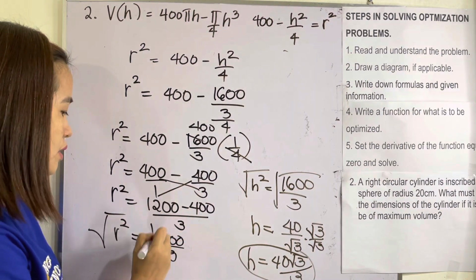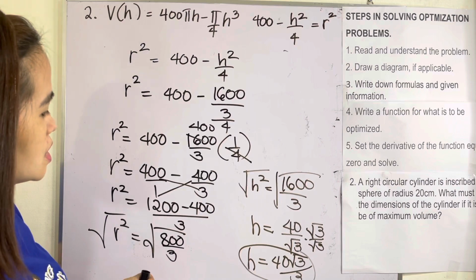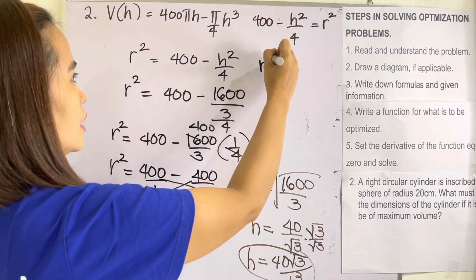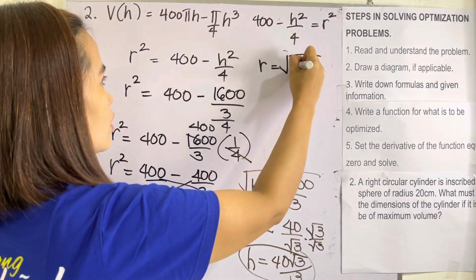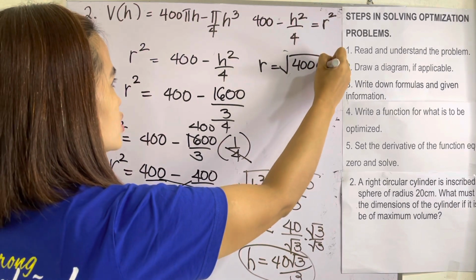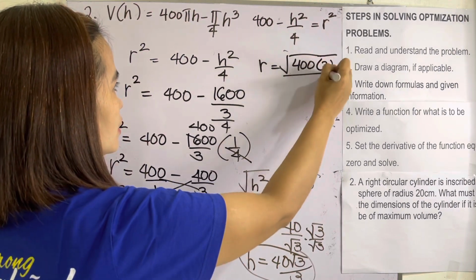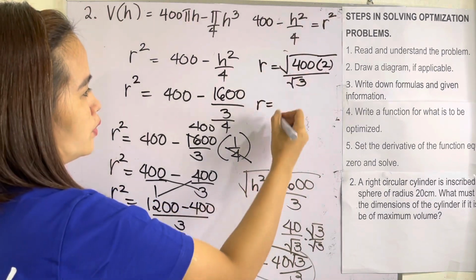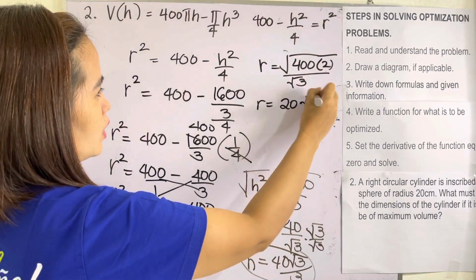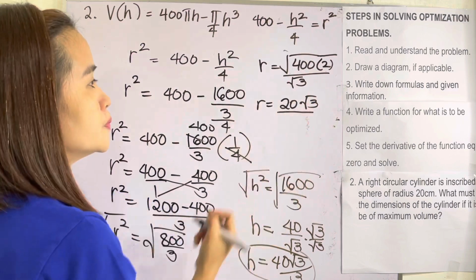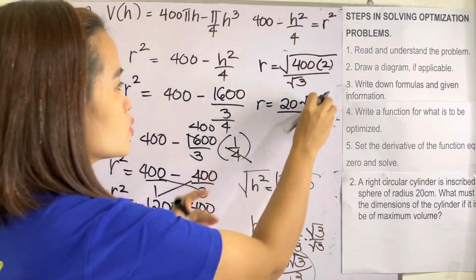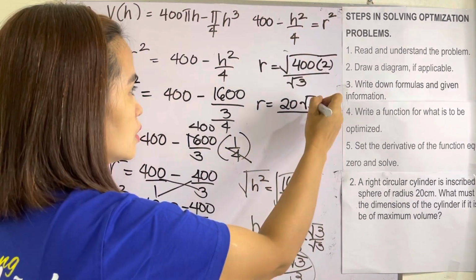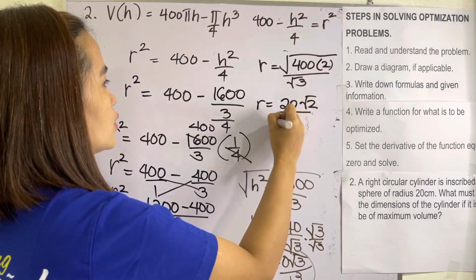Getting the square root, of course, our r here is equivalent to 400 times 2, I'll just simplify it, over square root of 3. So r equals, square root of 400 is 20, square root of 2 over square root of 3.